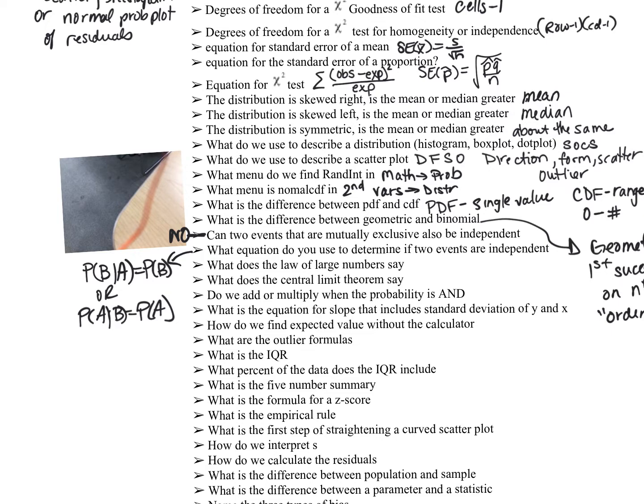And how is that different from what the central limit theorem says? Sample size. As the sample size gets bigger, the sampling distribution becomes more normal. Correct. Even though the population can be skewed.